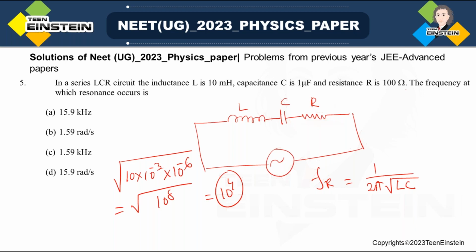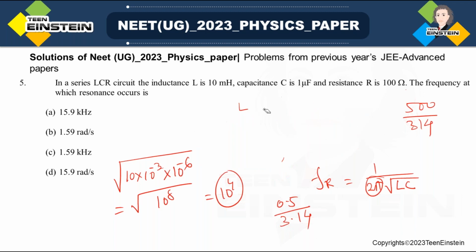Now we have to check what is this factor. This is 0.5 divided by 3.14. This factor we have to now see. So actually this can be made like this, and then do the division part. So if we do the division, we'll get something like, okay, let me show you here.